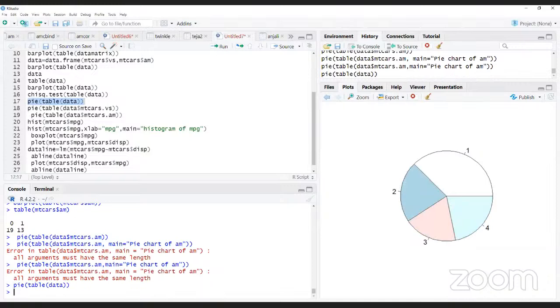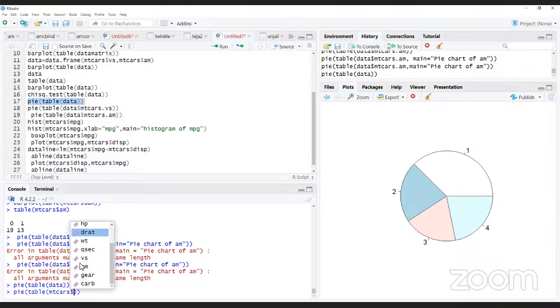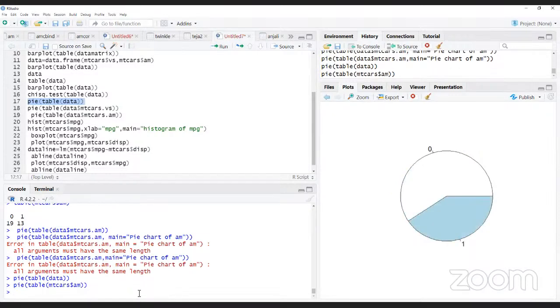Okay, okay. No. You write down pie, you remove the data, pie bracket table, bracket mtcars, dollar AM. Then enter.